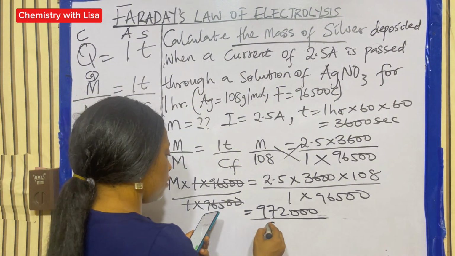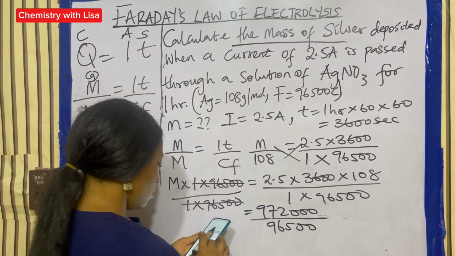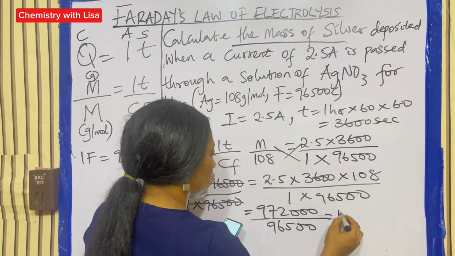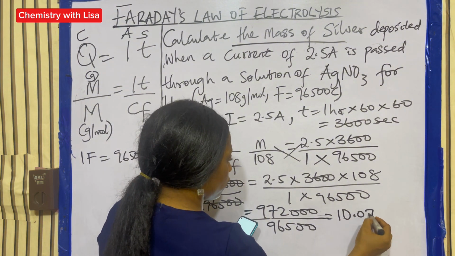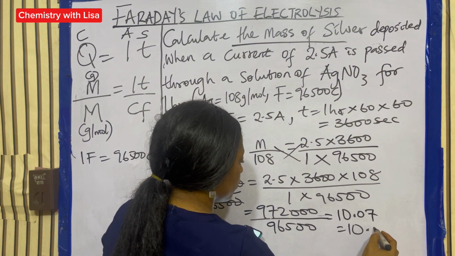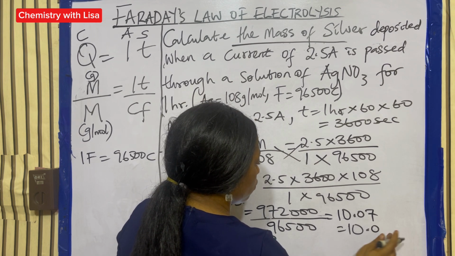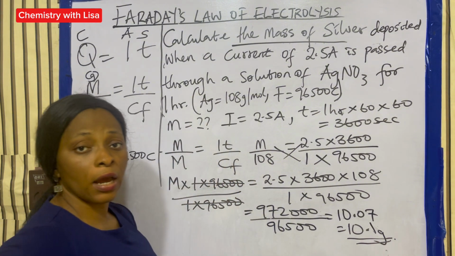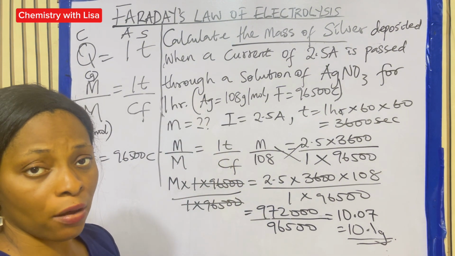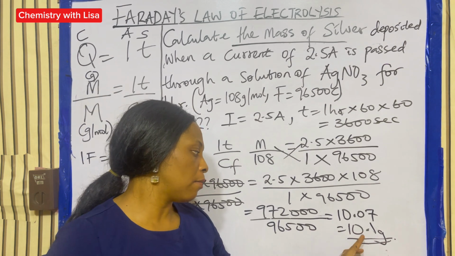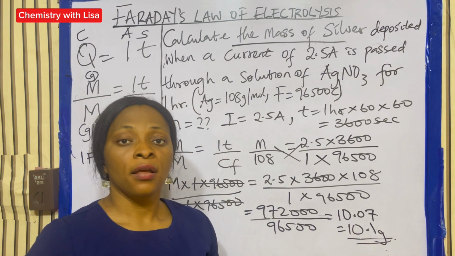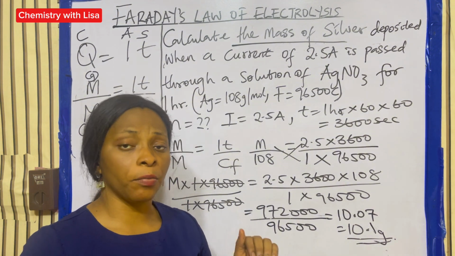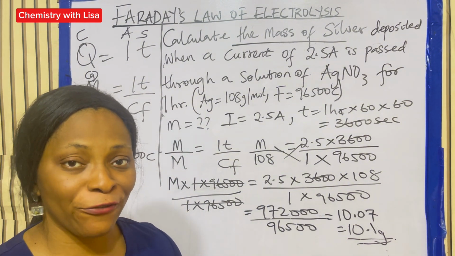This over 96,500, divided by 96,500, will give us 10.07, which is 10.1 gram, approximately to 1 decimal place. Or you can still leave your answer like this, depending on what the options gave you. Your answer here is directly proportional to what your options gave you.